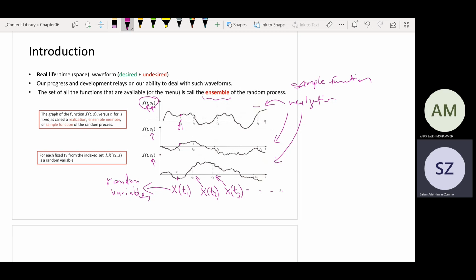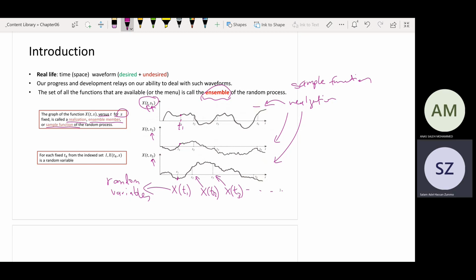These are all names. So, at a fixed S, the graph of the function x of t and S versus t is called a realization, ensemble member, or sample function. These are all names. The collection, the set of all sample functions, is called the ensemble.